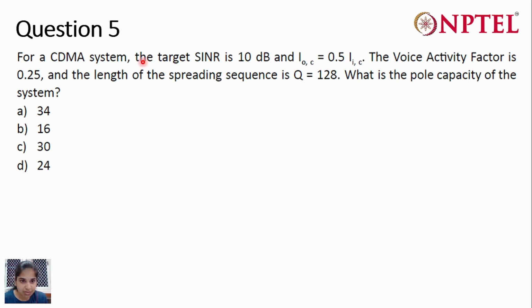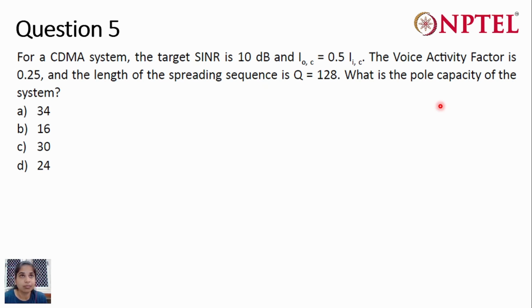For a CDMA system, the target SINR is 10 dB, and the relation between IOC and IIC is 0.5. Voice activity factor is 0.25, and Q is 128. What is the pole capacity of the system? Madam, pole capacity means the number of users a base station can support.